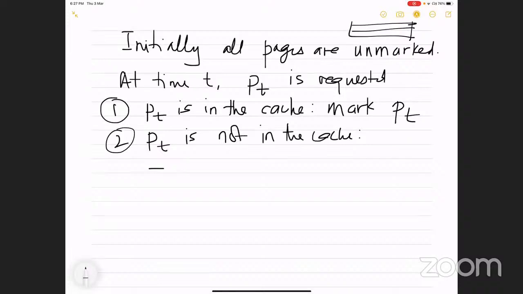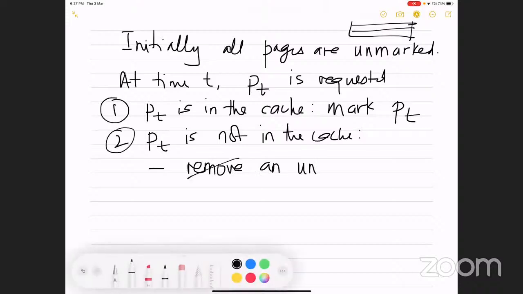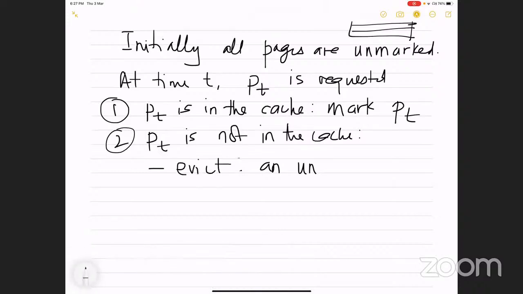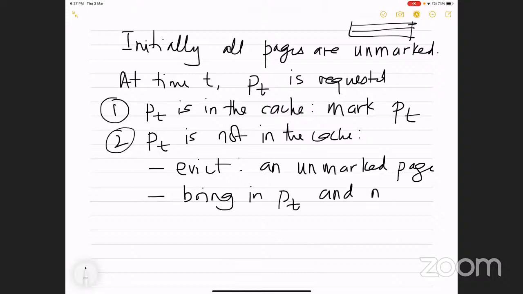You say, let me remove an unmarked page from the cache, or evict, let me use the word evict. So you evict an unmarked page, and you bring pt into the cache and you mark it. Makes sense?